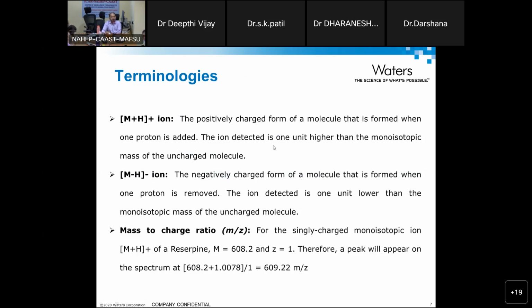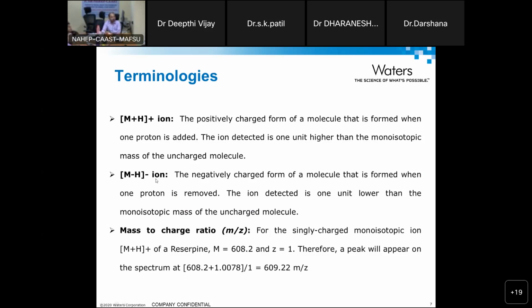The ion detected is 1 unit higher than the monoisotopic mass of the uncharged molecule. Okay. Now let's say, for example, if a particular compound has a mass of 100, so the M plus H ion of that particular compound on the mass spec would be 100 plus 1. That 1 counts for the proton or the hydrogen which we are adding. So the m/z value would be 101.